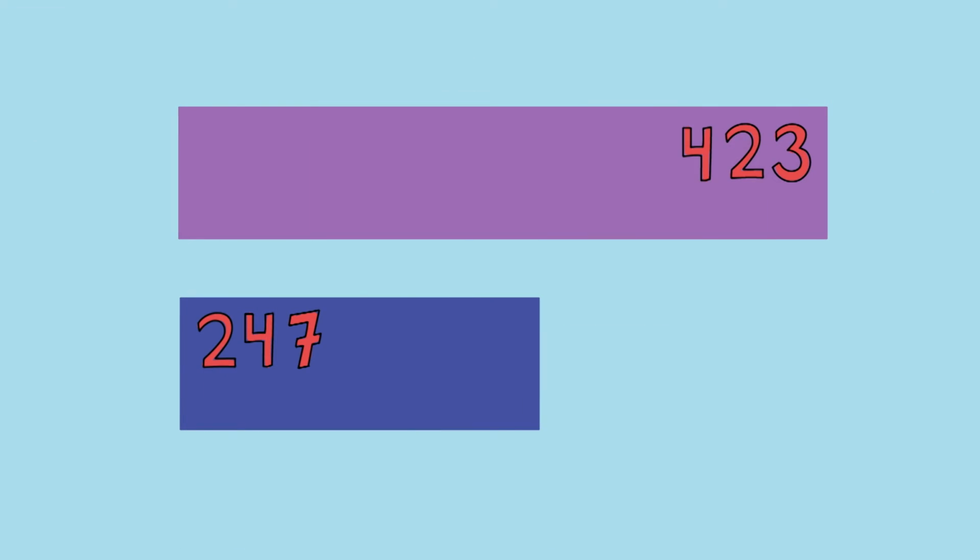All right, let's see what you got. Those are all great ideas. Let me see if I can share those. One idea is to use a bar model. One bar has 423 and the other has 247.